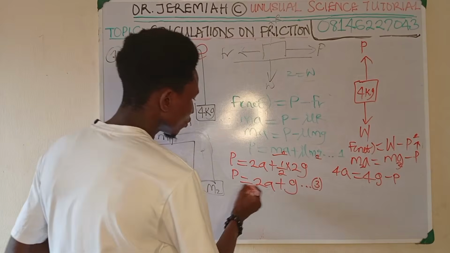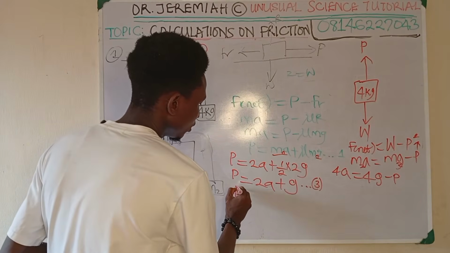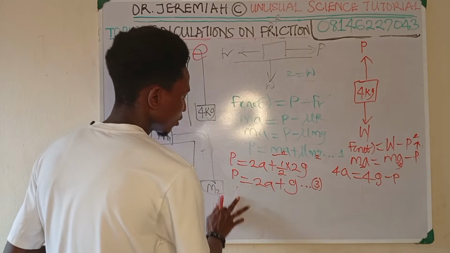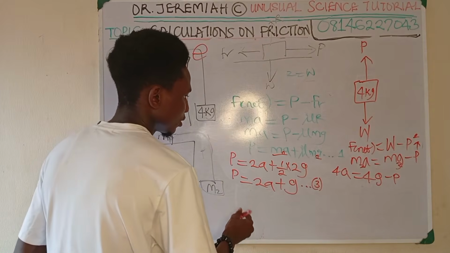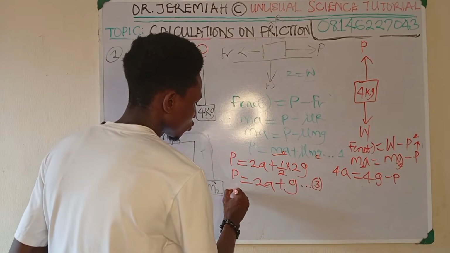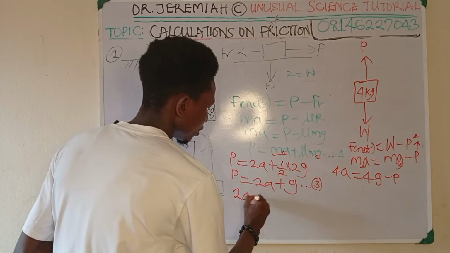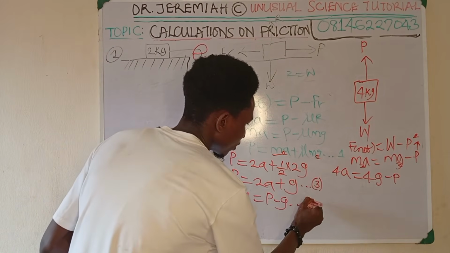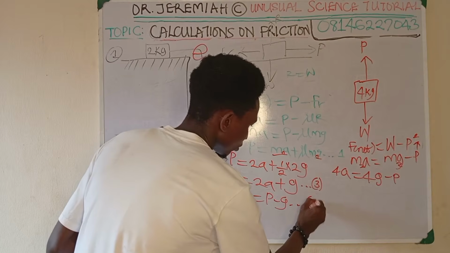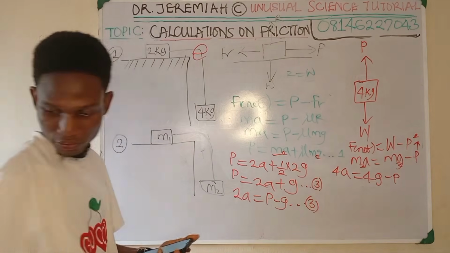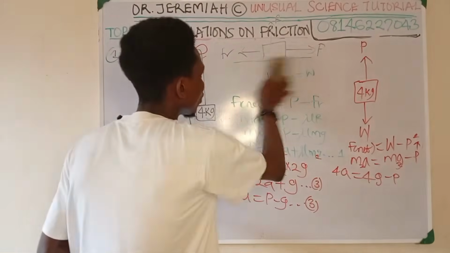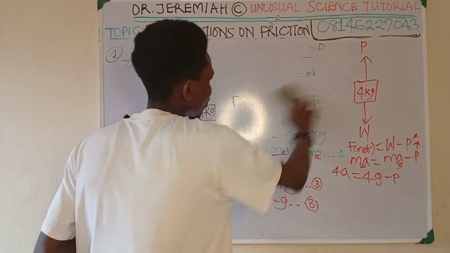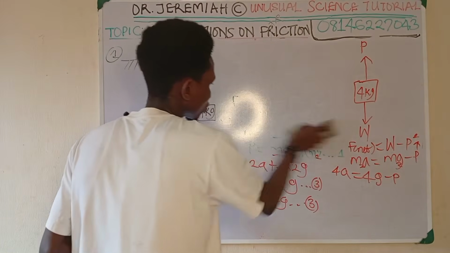If I modify this equation, I'm going to bring 2a to the other side: 2a equals P minus g. This is the proper equation 3. Now let's simplify all of this.